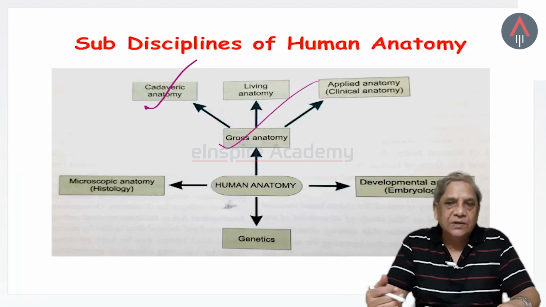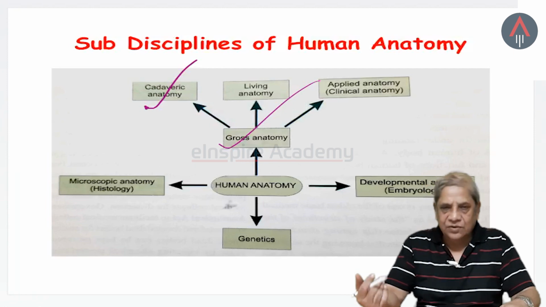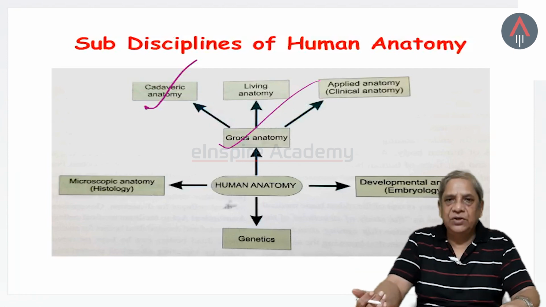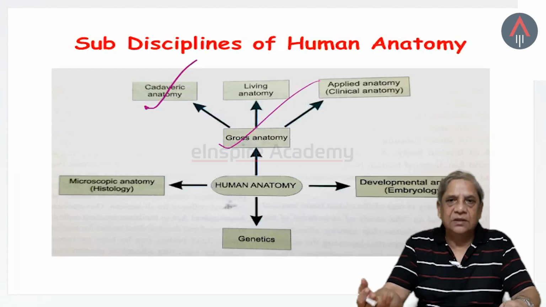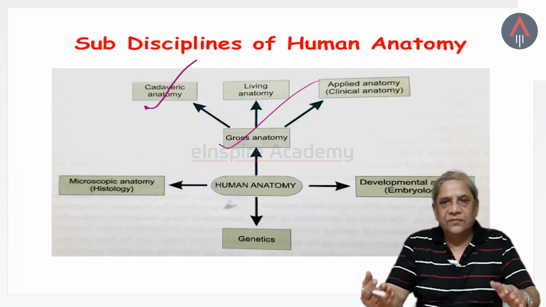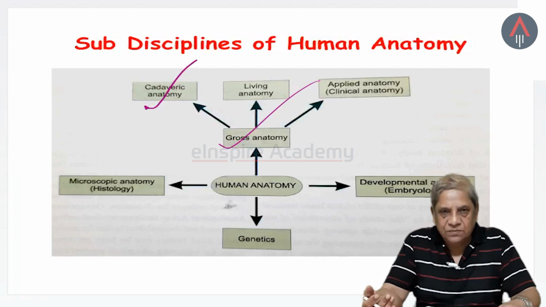For example the GIT, okay, with the help of the barium enema, or you can inject certain radio-opaque dye and this will visualize the lumen of the ureter, bladder. Like that, there are various procedures which become possible with the help of the X-ray.